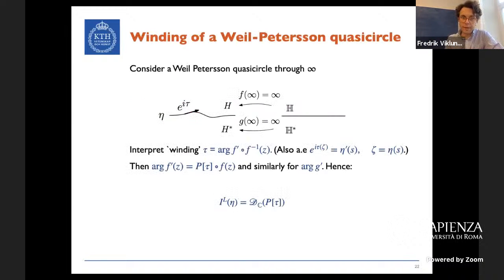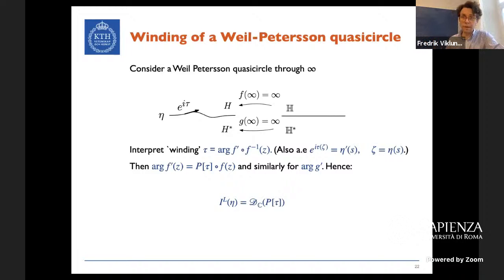So here I just remind you that we could write the Loewner energy of our curve in terms of the Dirichlet energy of log of absolute value of f prime plus the Dirichlet energy of log absolute value of g prime. But this is just the same, of course, as looking at the argument of f prime and the argument of g prime.